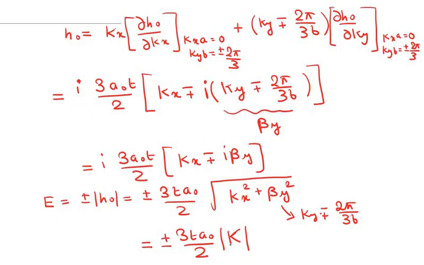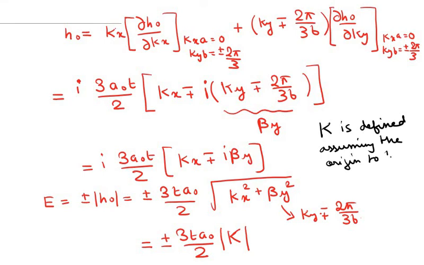So this capital K vector is basically defined assuming that the origin is kx equals to 0, ky equals to plus minus 2 pi divided by 3b.